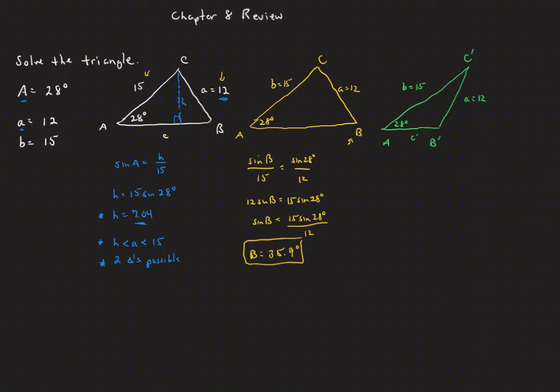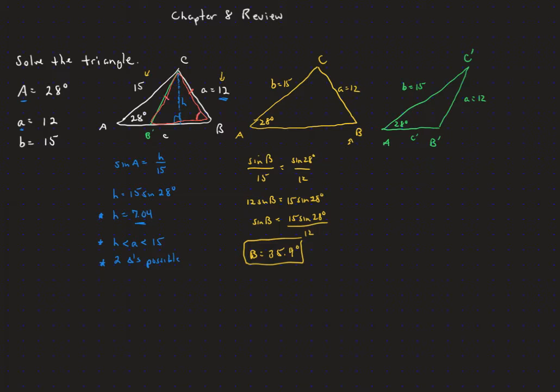Now we know that in this green triangle we're really putting this side over here. So that's where that B prime is coming from. So we can see that if we have those two versions drawn, we are creating an isosceles triangle.